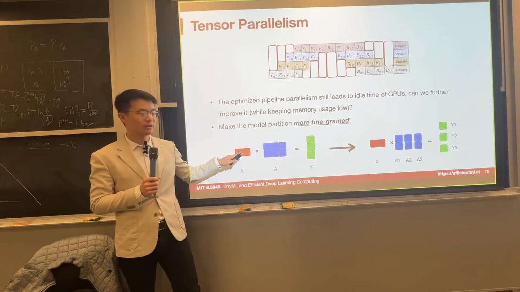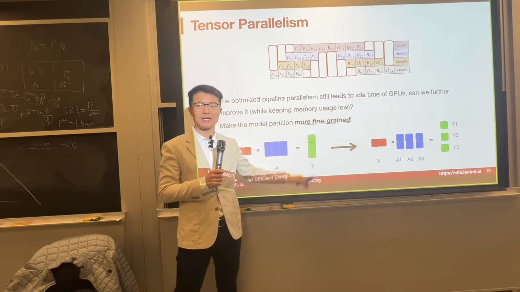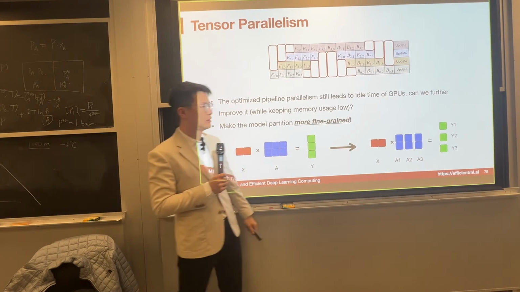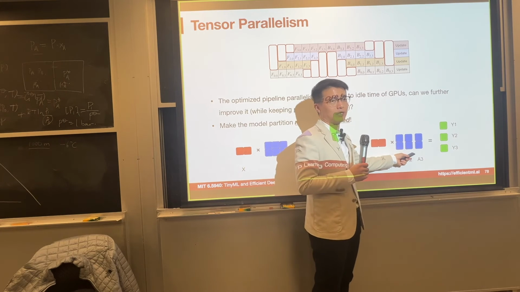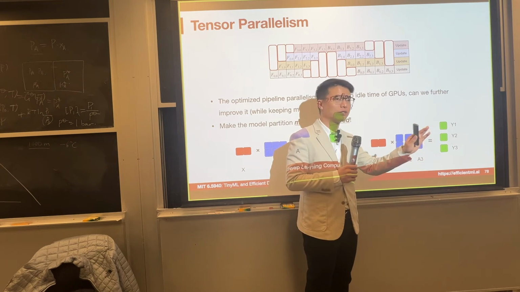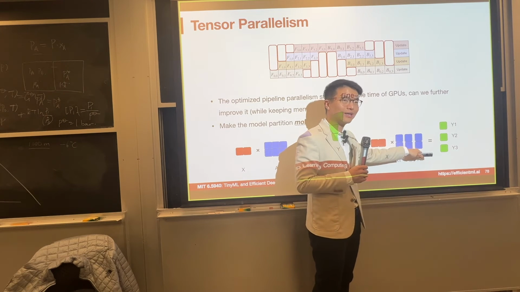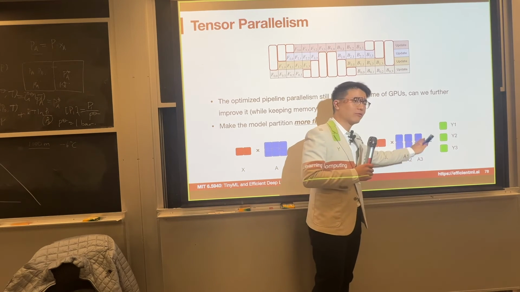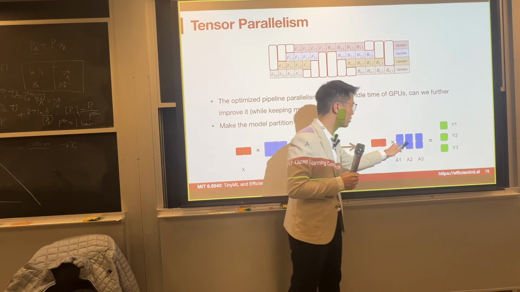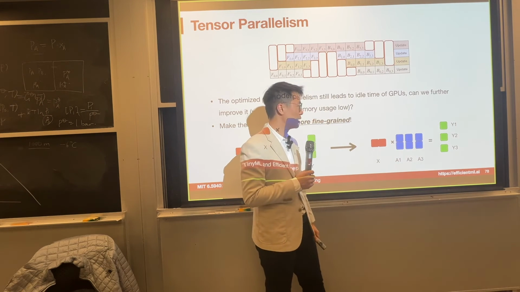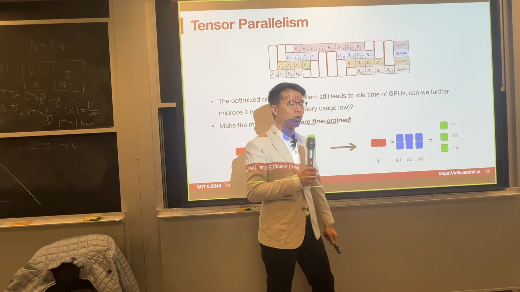This is activation times weight, which is another layer. I can chop in the weight dimension. This is just one layer. Previously, we were chopping in different layers, but now we are chopping just one layer, but have three separate GPUs to calculate each part. And this is a single matrix multiplication.